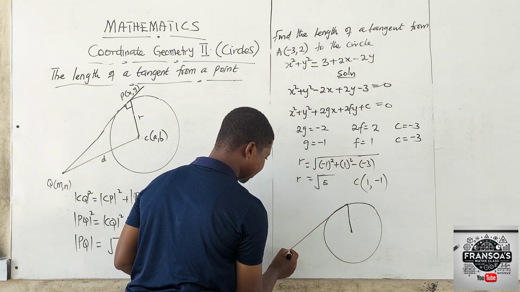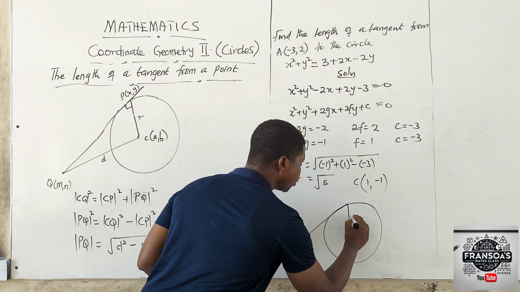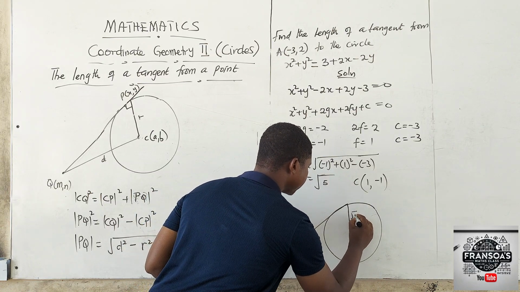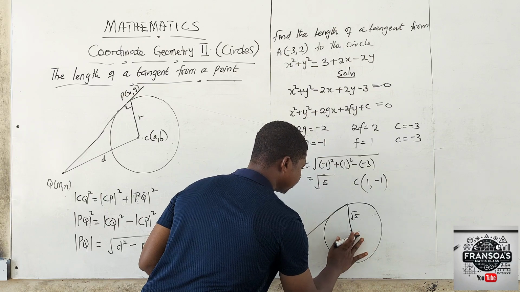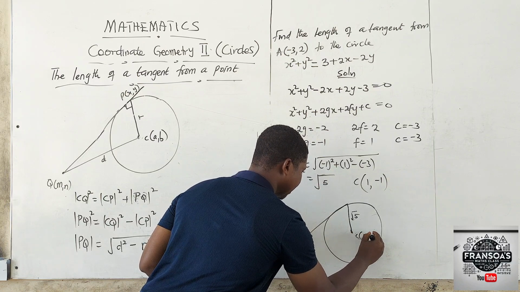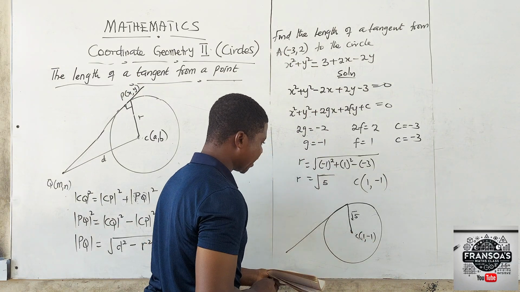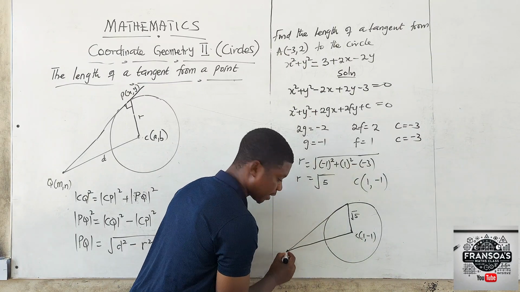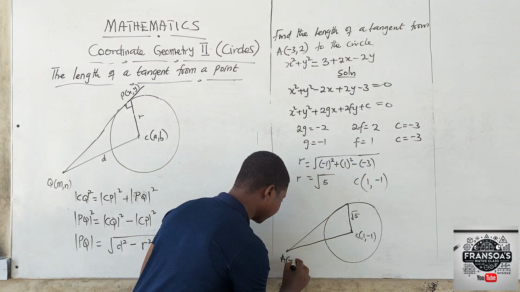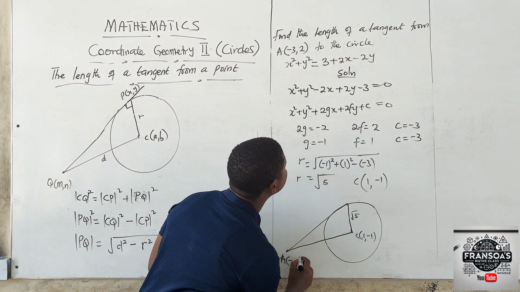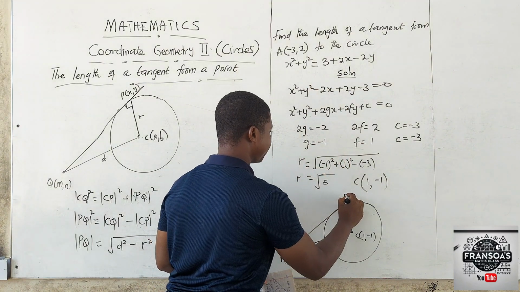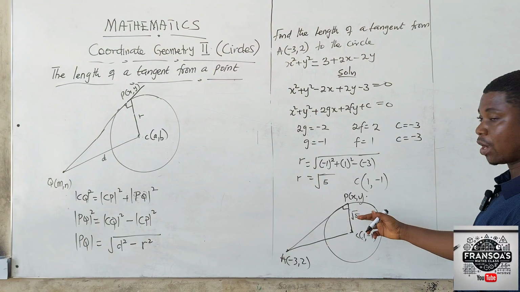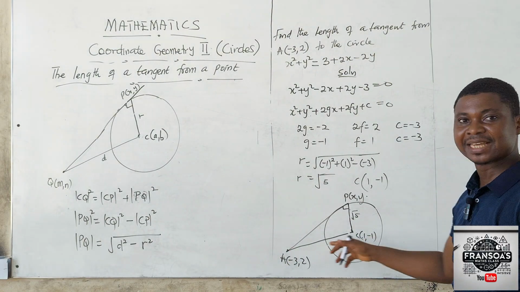Our radius is √5 and our center is (1, -1). Our point A should rather be here, (-3, 2). So we have our P (x, y). Now we have our R, so we need to get our D.